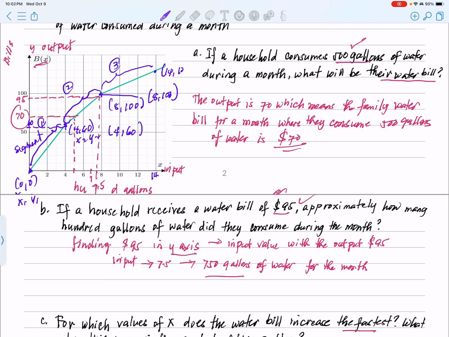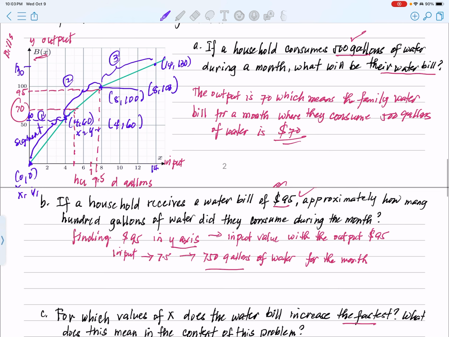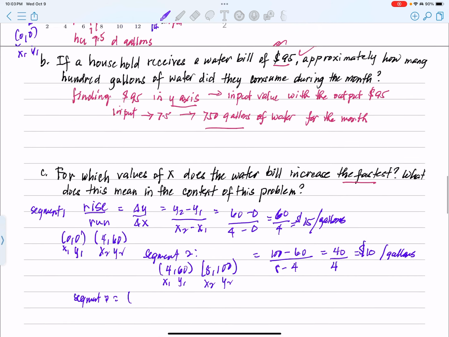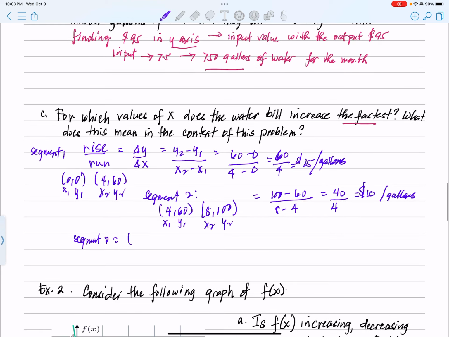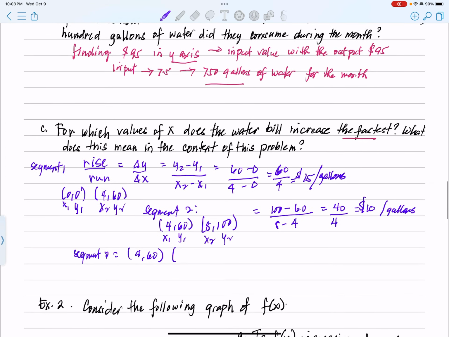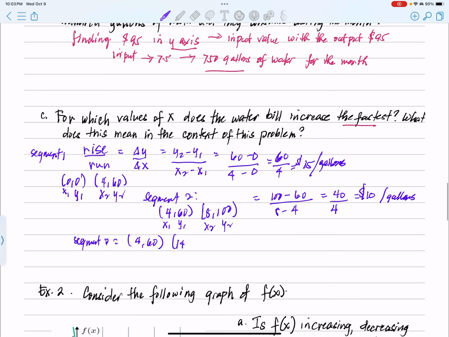I could guess 130 somewhere right here. Okay, let's try. So our coordinates would be 4, 60, and we have 14, 130. So this is x1, y1, x2, y2.